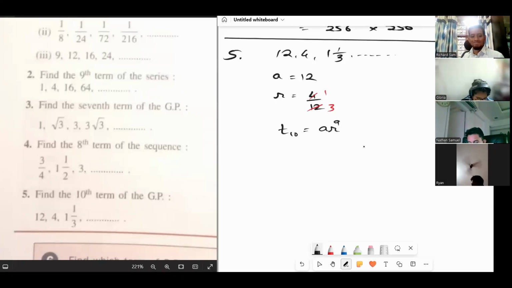I'll just make a small change. Don't find the 10th term. Find the 6th term. Okay. Change the question. Instead of find the 10th term, find the 6th term, because 10th term will be too difficult. Okay. Find T6.